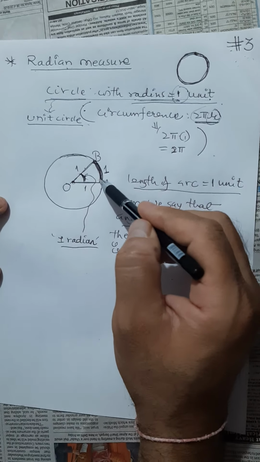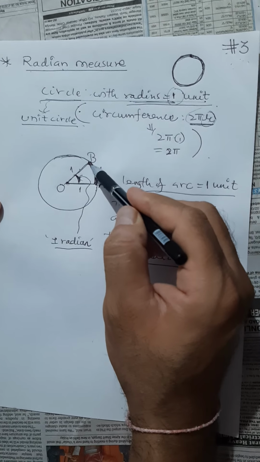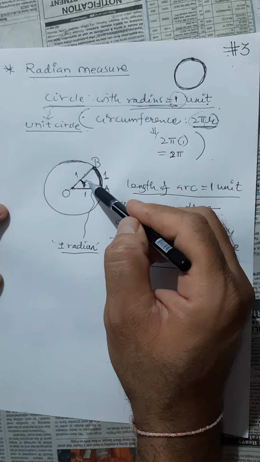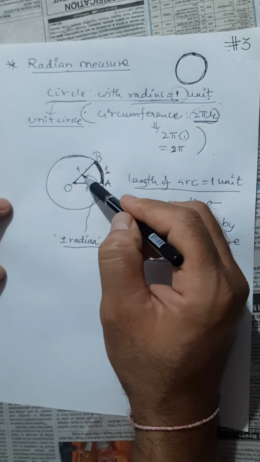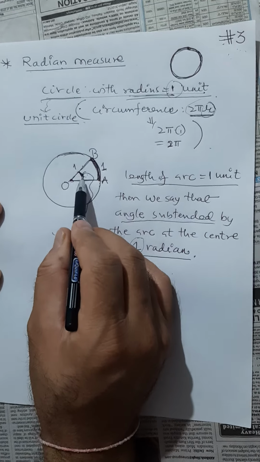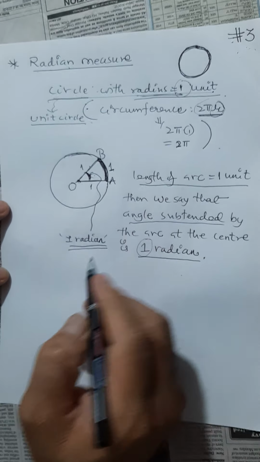Or in another language, if an arc length of 1 unit subtends an angle at the center, that is nothing but the measure of 1 radian. Remember, 1 radian, 1 unit of arc length.